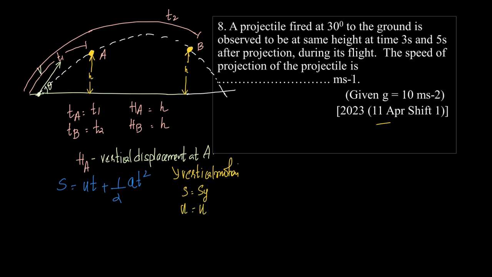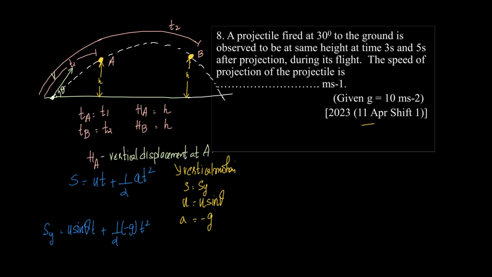U is equal to U sine theta, and a is equal to minus g. If we substitute these values here, what do we get? Sy is equal to U sine theta into t plus half into minus g into t square.